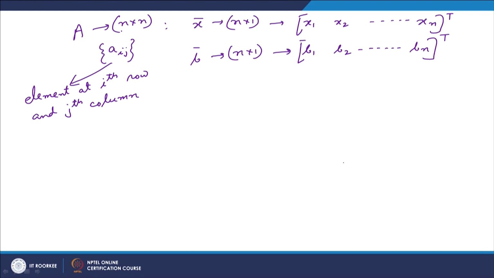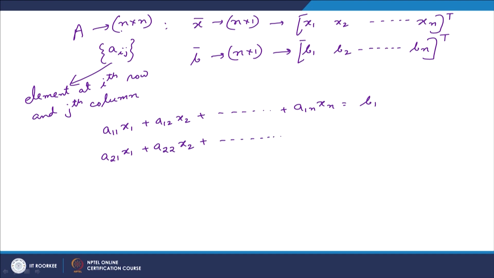So, if we expand this, what do I get? I will get a11 x1 plus a12 x2 plus up to a1n xn is equal to b1, then a21 x1 plus a22 x2 plus up to a2n xn is equal to b2.